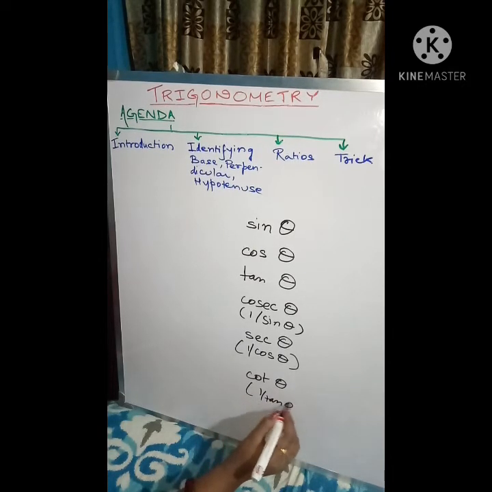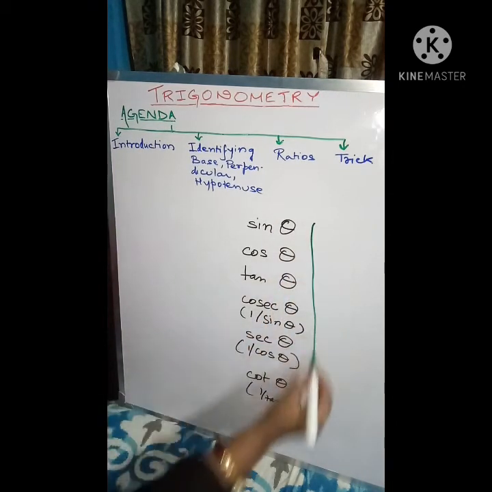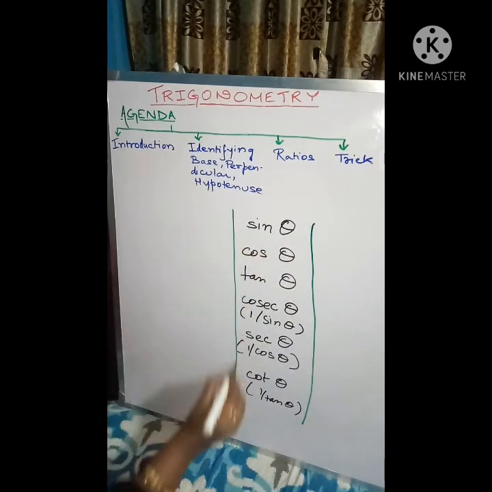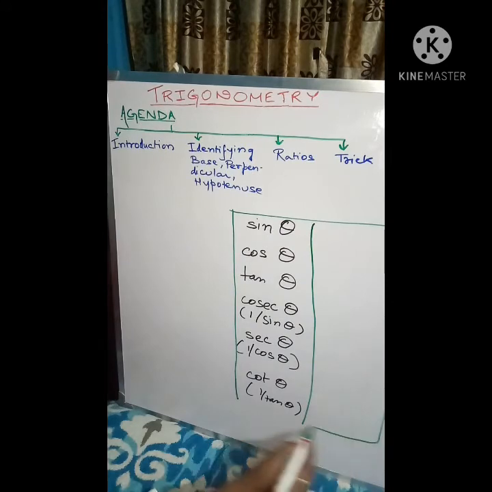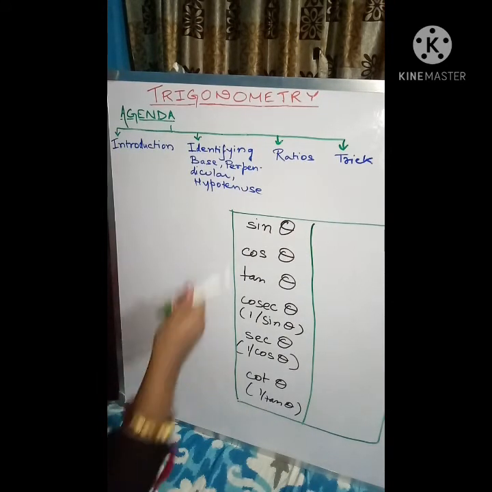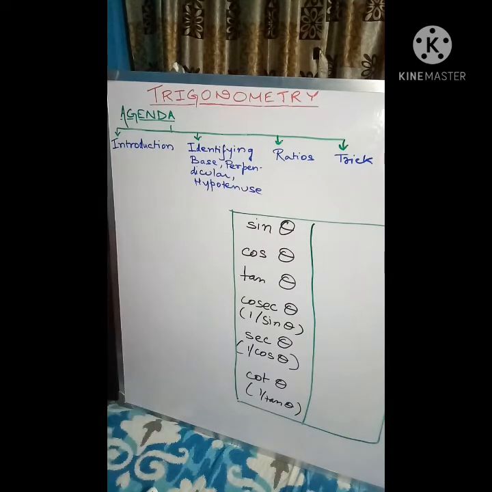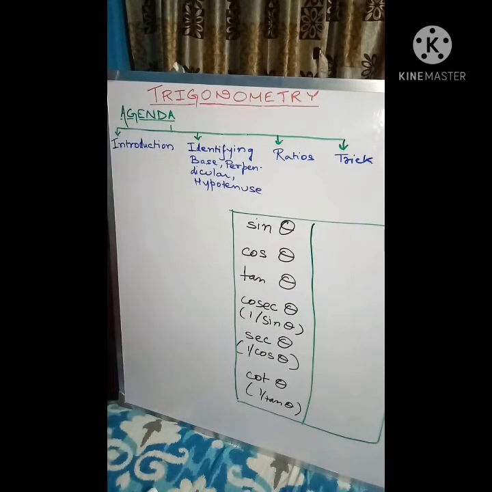Let me repeat. The basic ratios are sin theta, cos theta and tan theta. The other 3 ratios are cosec theta, which is the reciprocal of sin theta, sec theta, which is the inverse of cos theta, and cot theta, which is the reciprocal of tan theta.